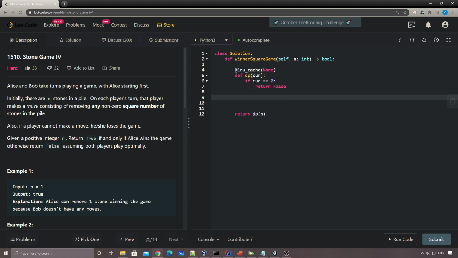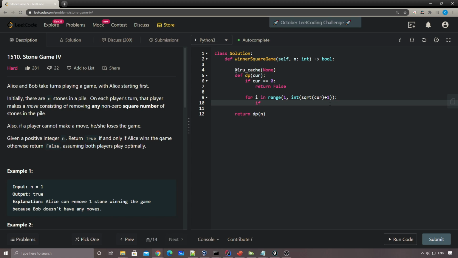Otherwise, how are we going to check the current one? For i in the range from 1 to int of the square root of the current, plus 1. That's basically all the possible stones we can take from the remaining ones, right?